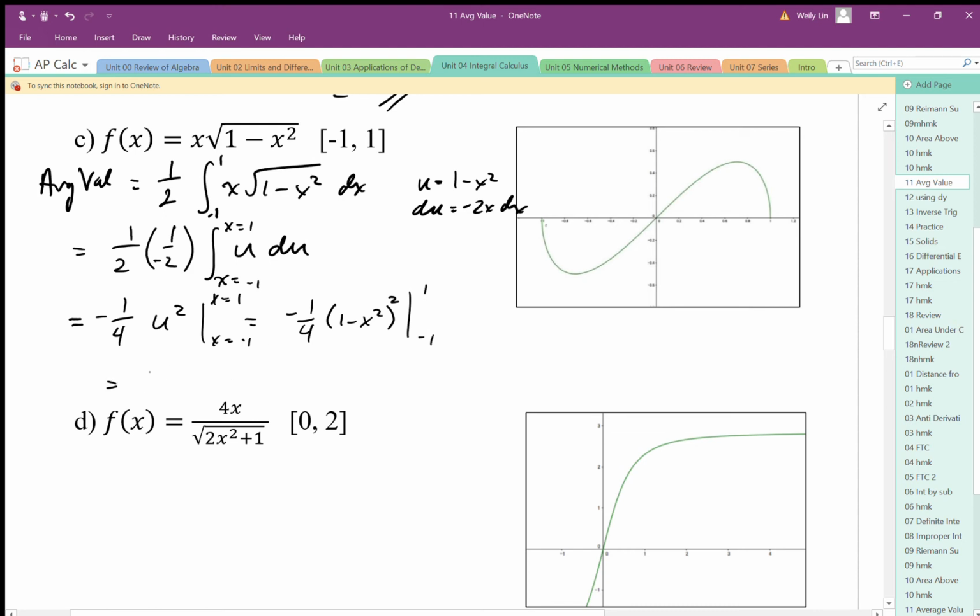When I plug that in, I get 0 squared minus, plugging that in, 0 squared. The net area is 0. I can see that the area above and below cancel out. So when I find the net area is 0, and the interval width is 2, 0 divided by 2 is still 0.